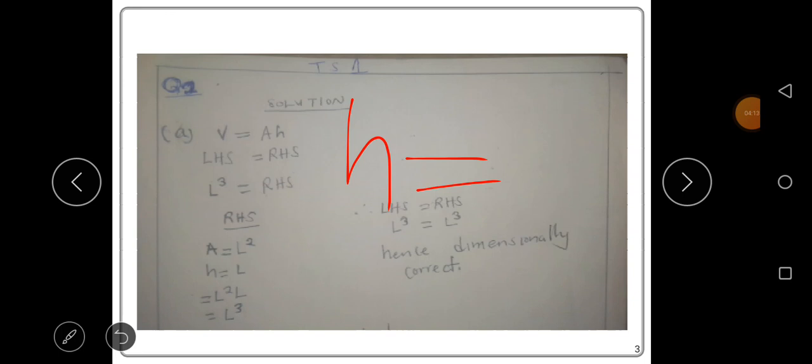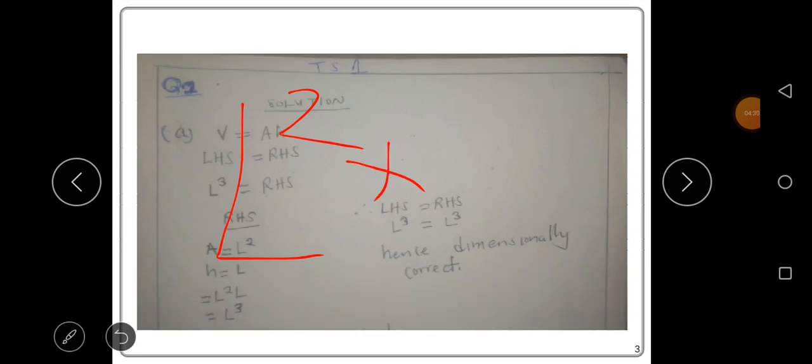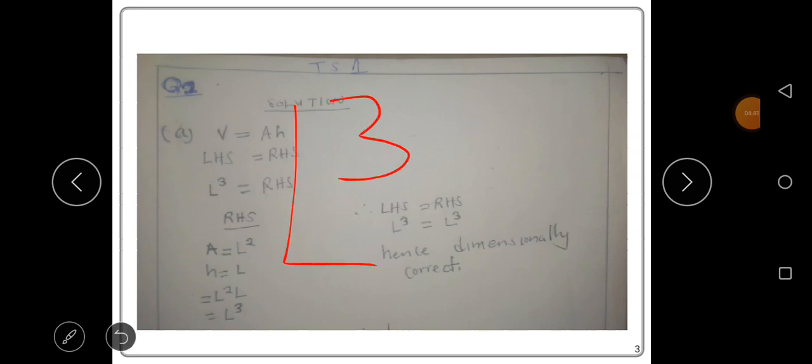So the dimension for height is L. So we can see that area and height are multiplying here. So what do we do? We multiply their dimensions. So L squared multiplied by L. What do we get? So when you multiply L squared and L, you get L to the power 3.